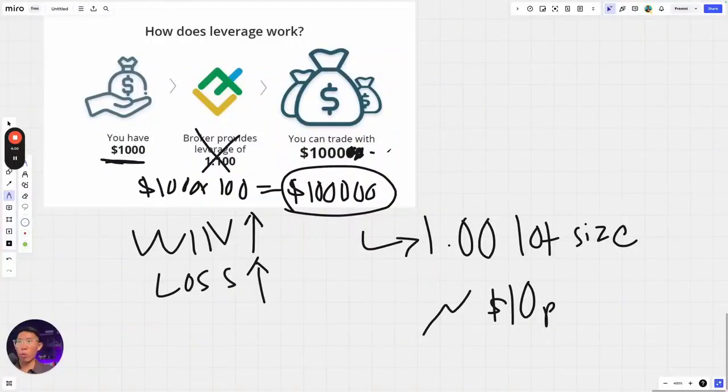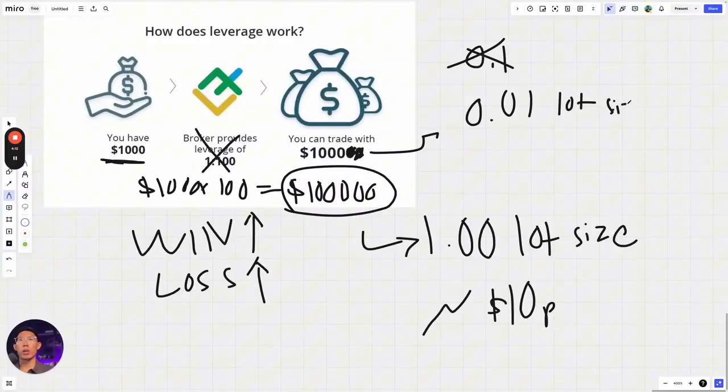In this case, you can probably only trade the smallest lot size possible, which is the 0.01 lot size. You can't even trade a mini lot. You can only trade the smallest lot size, 0.01, where you are making literally pennies, 10 cents per pip.